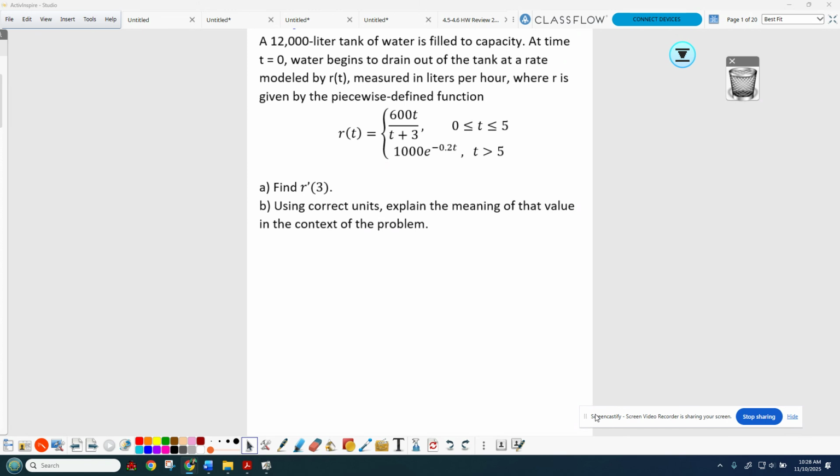You said the tank is draining at the rate of 50 liters per hour. Close. Anyone have something different?